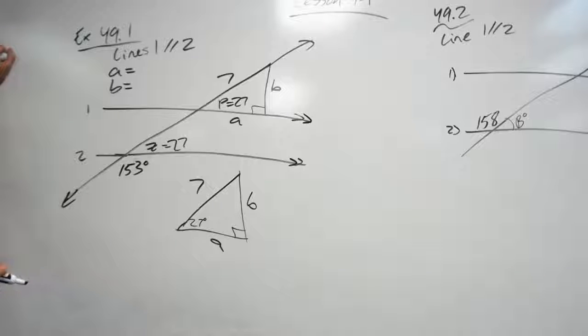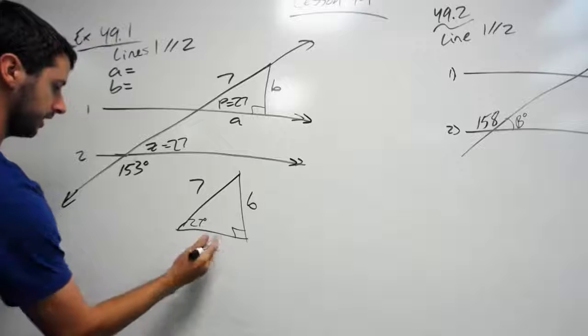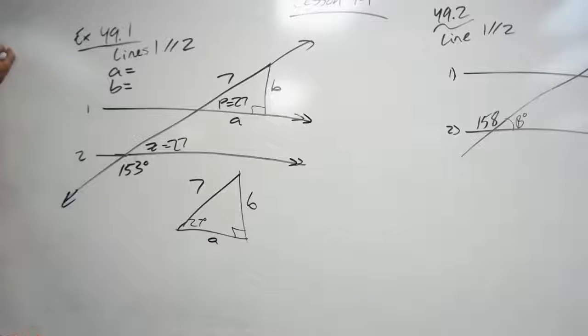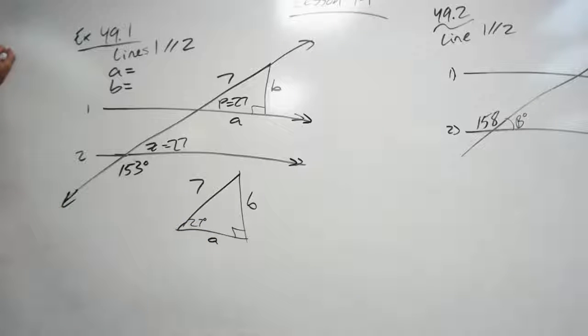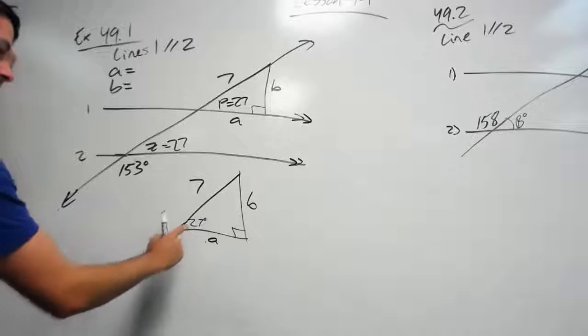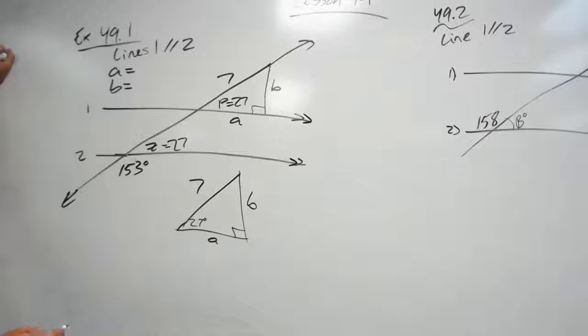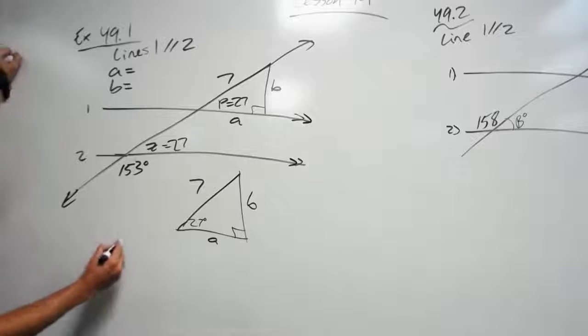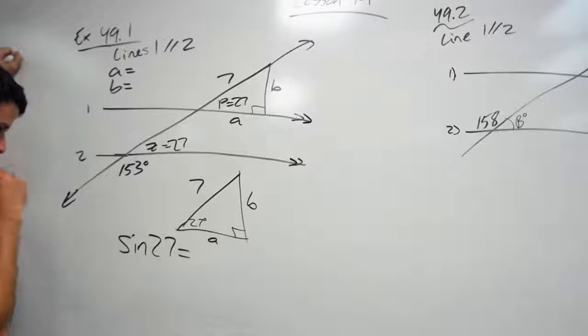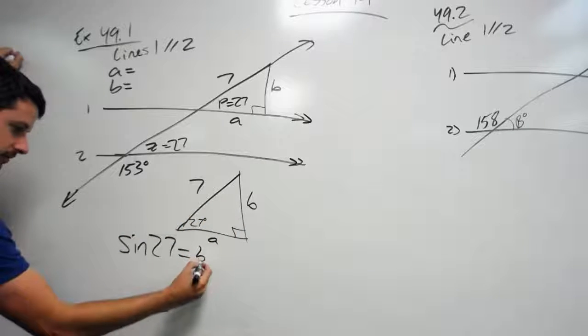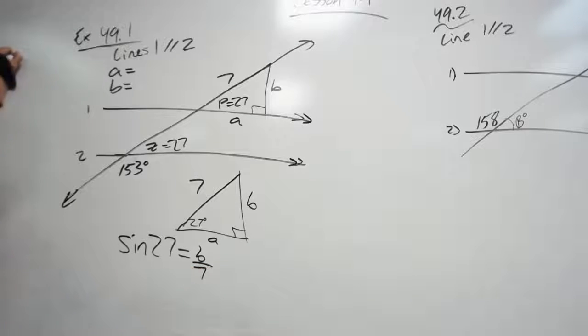So what we did a few lessons ago is we talked about solving for right triangles by using sine, cosine, and tangent. So we find B and A using trigonometry, using our angle that we have, 27. So we can say sine of 27 equals opposite B over hypotenuse 7. Okay, that's going to help us find B.